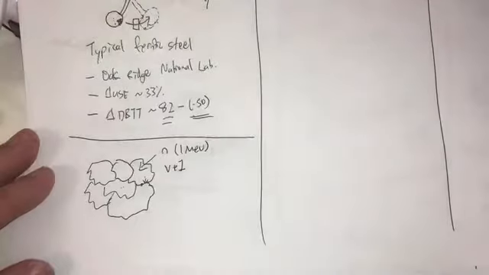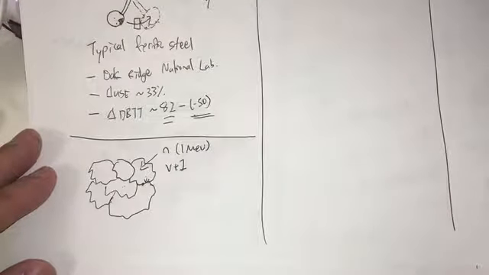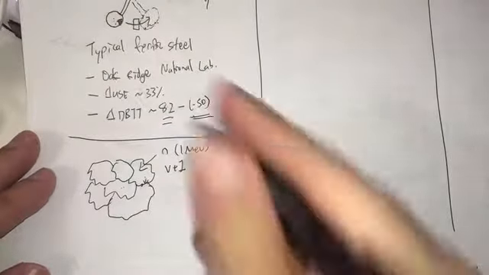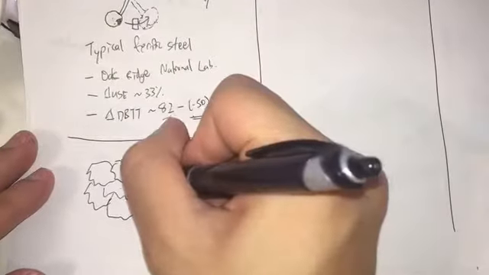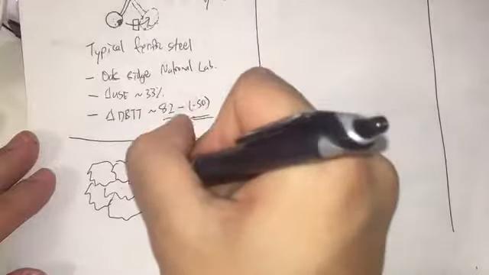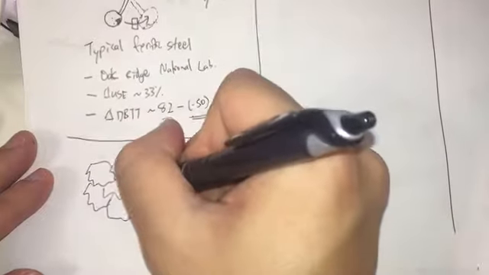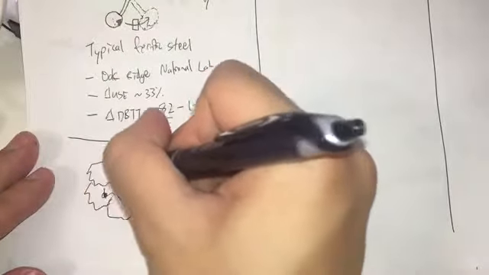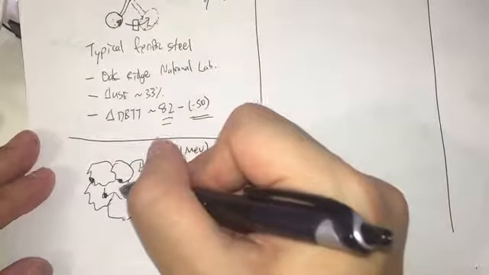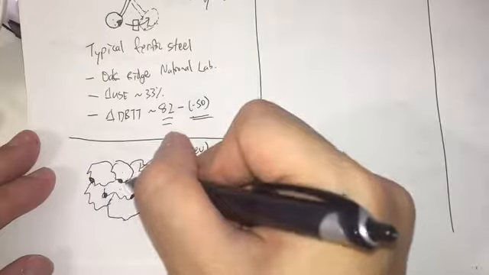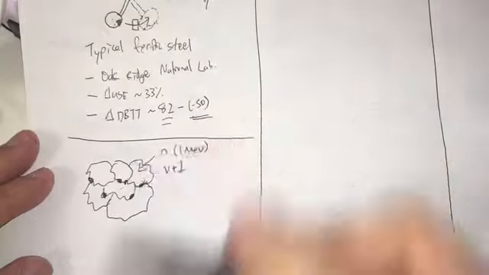So the voids or vacancies will migrate towards the grain boundaries. Between this grain and this grain, not only do you have a grain boundary, you have a void also.